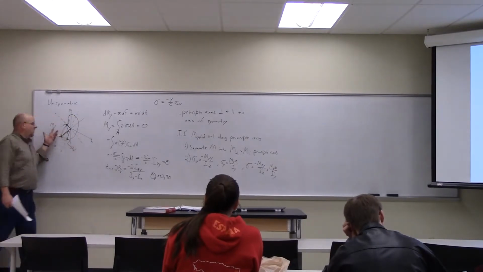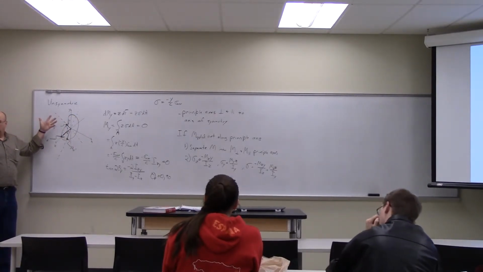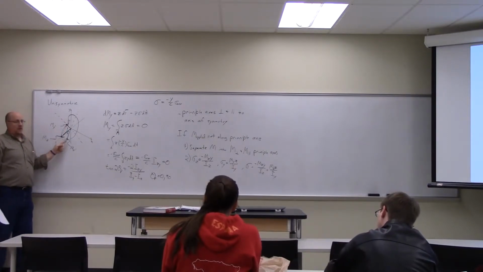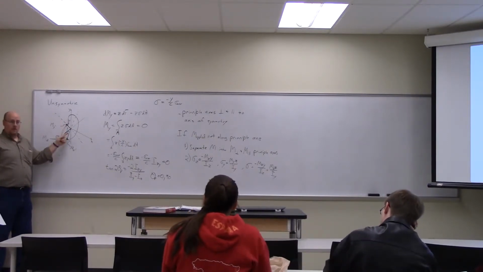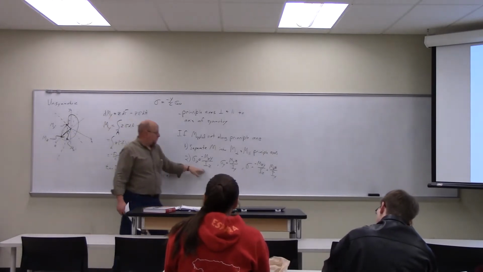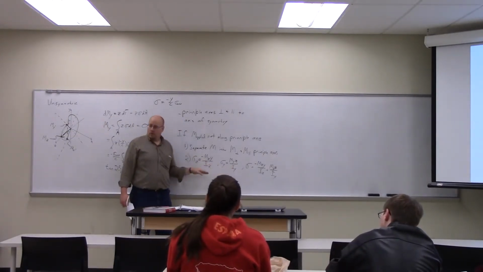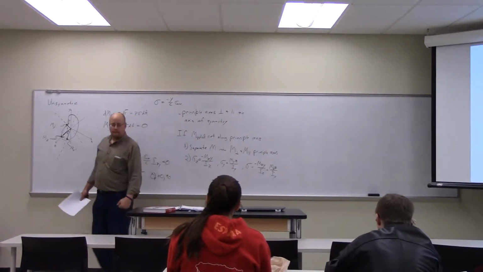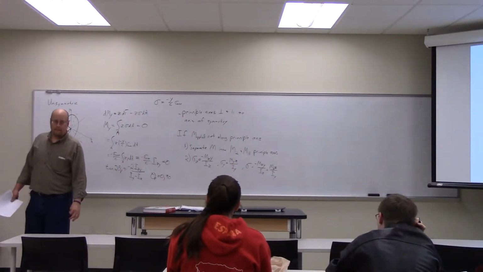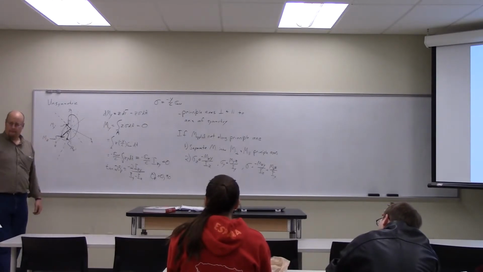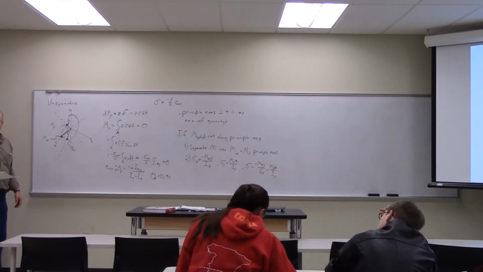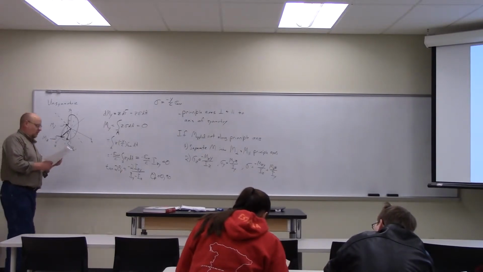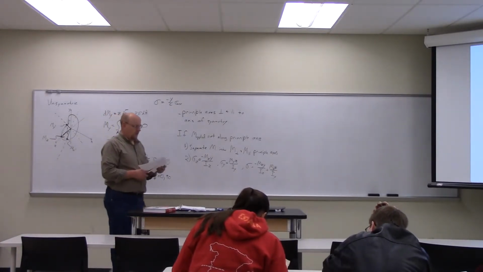If you have a moment that's not along the principal axes, then you have to find where the principal axes are, break that moment down into those two pieces, and then sum the stress caused by each of those moments to get a total stress. I don't know if we're going to get to do that today or not, but at least you've got the general idea.